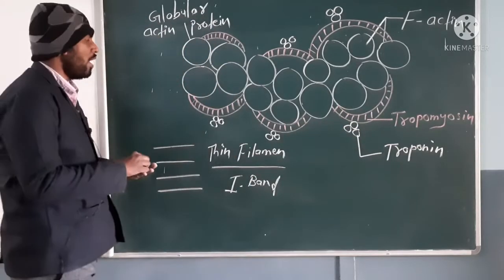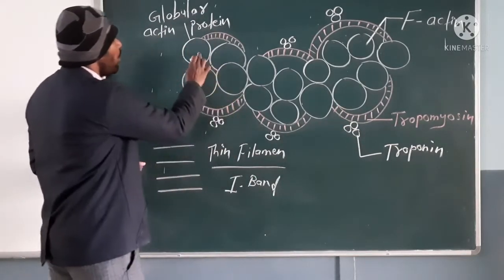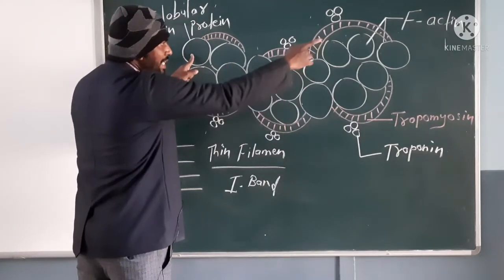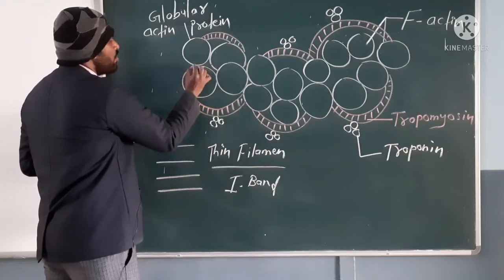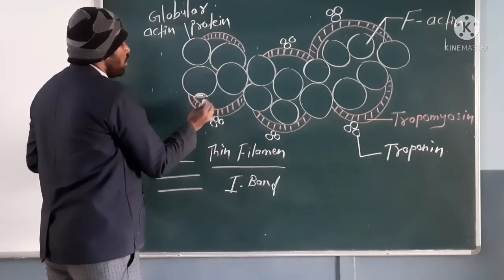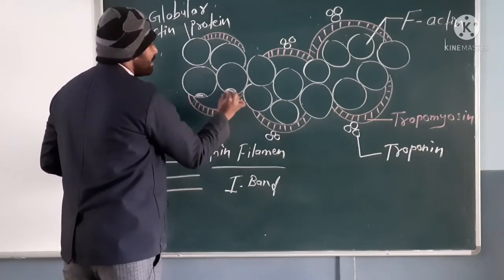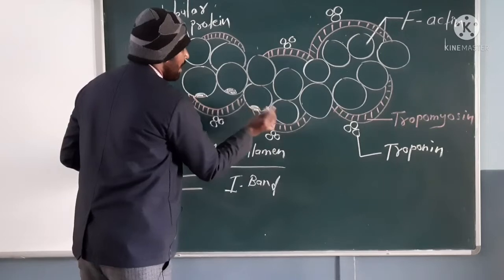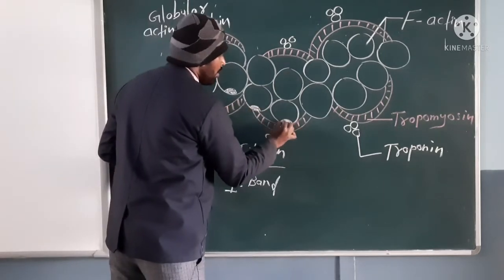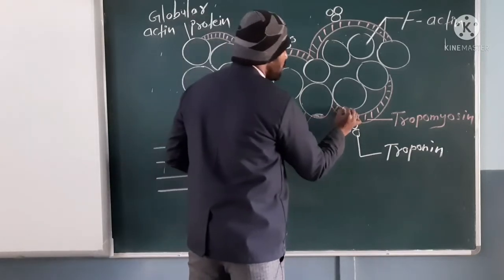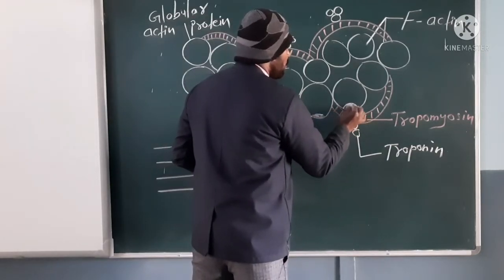One more thing you have to know about is that these globular proteins, which are actually the monomers of the filamentous actin chain, show one specific area called active sites. So that we also understand actin structure, I am going to explain in an easy manner, so you people are easily able to understand.